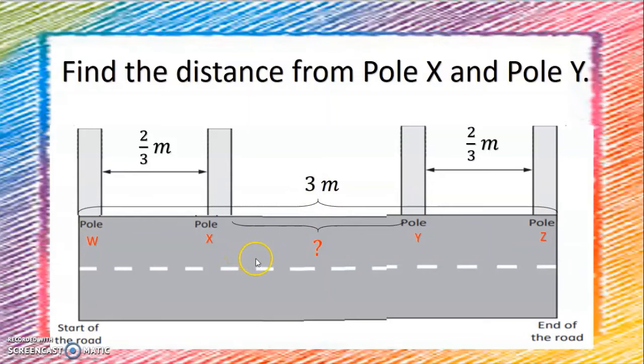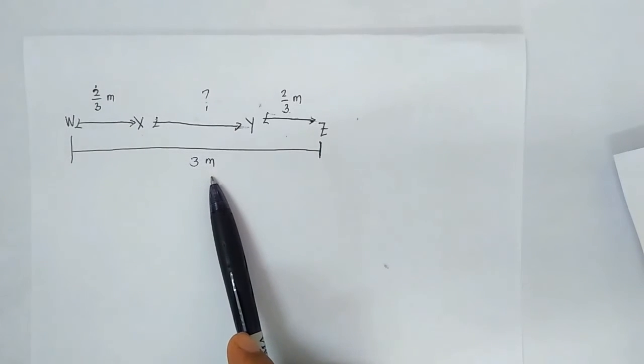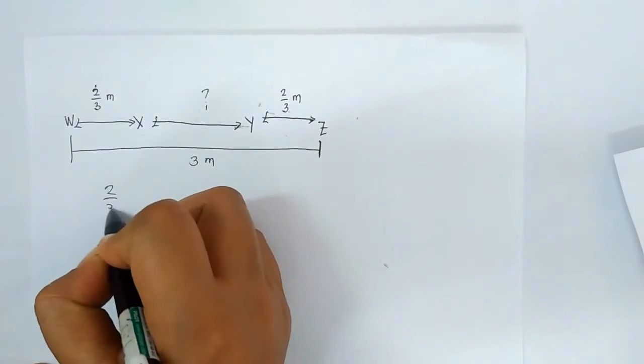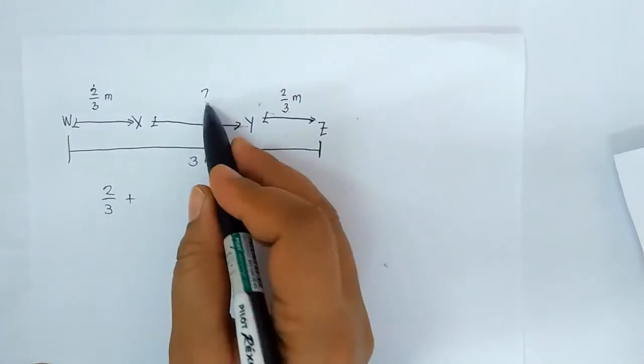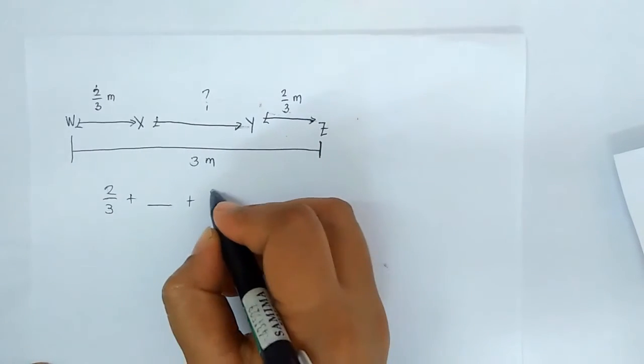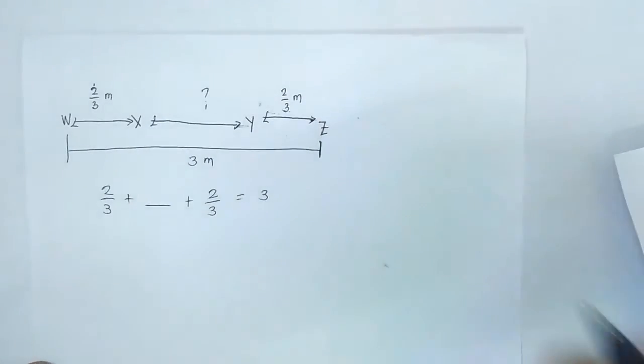So how are we going to find the distance from X to Y? What are we going to do? Yes, it means here 2/3 plus blank plus 2/3 is equal to 3.